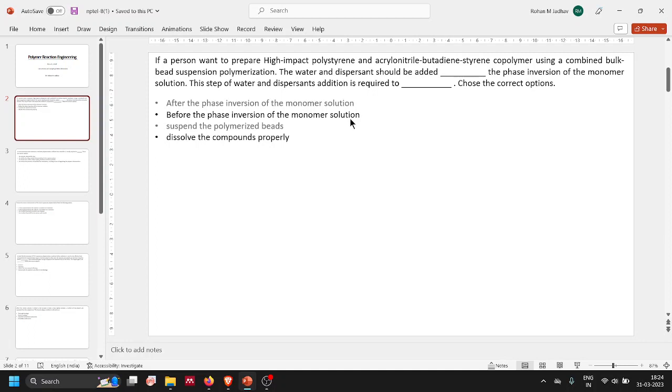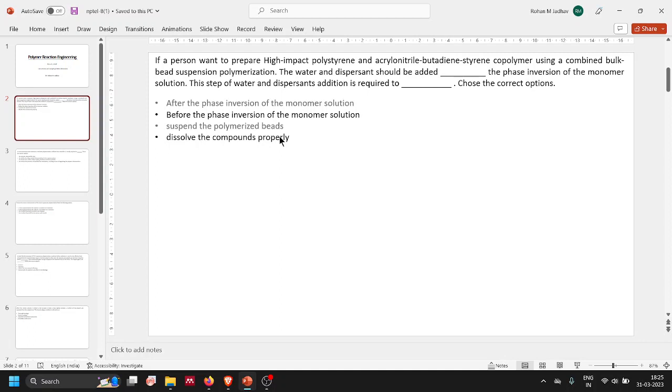So for the first dash, the correct answer would be after the phase inversion of the monomer solution, and the step of water and dispersant addition is required to suspend the polymerized beads. As the polymerization is completed in suspension, the polymerized beads formed should be suspended, and that's why this step is performed at the final stage.